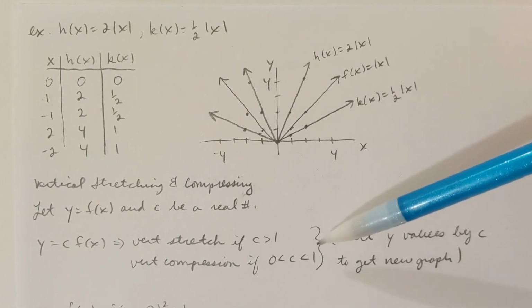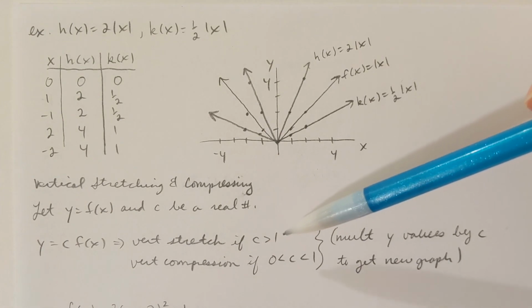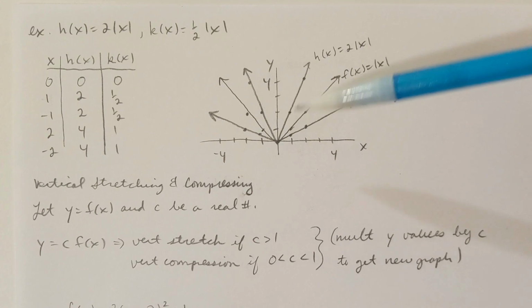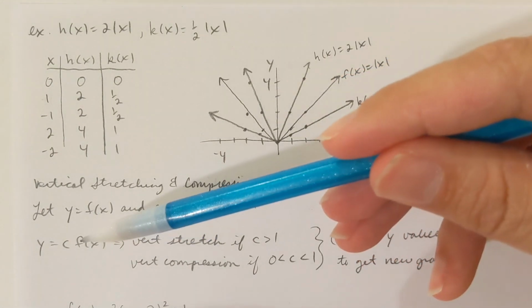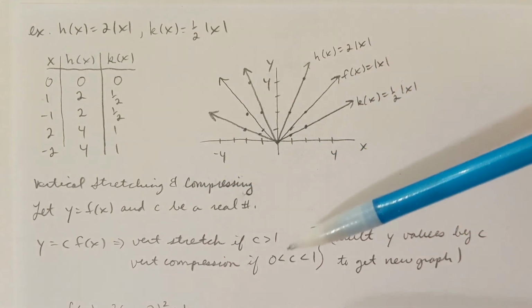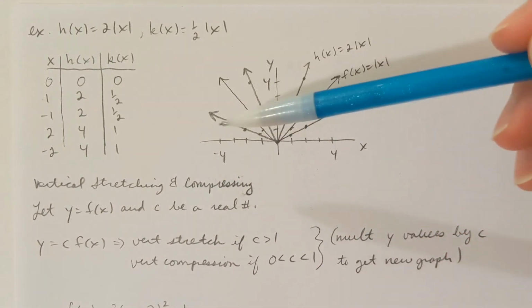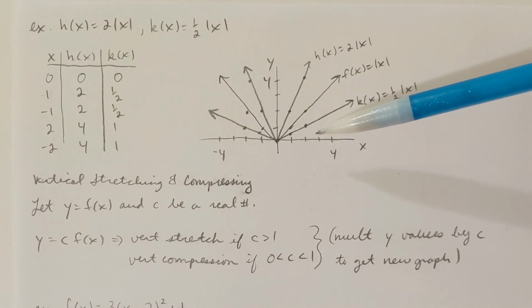Okay, let's take a look. If c is 1, then I've done nothing to change the original graph, since I'm just multiplying by 1. If c is 0, I get y equals 0, which is a horizontal line at a height of 0, and I'm not doing anything with that.